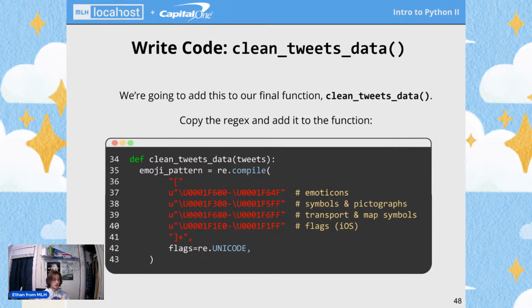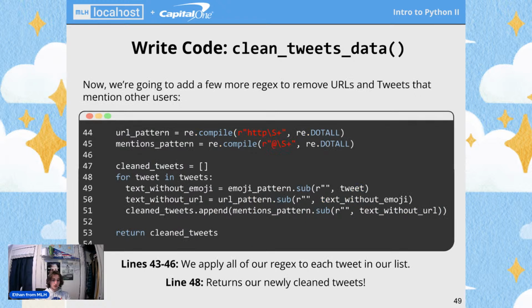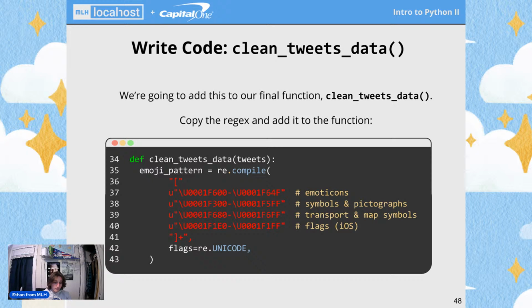So now we're going to want to add some code to our clean tweets data function. But first, we're going to need to define different things for the emoticons, symbols and pictographs, map symbols, and flags and whatnot, because that's kind of like a special character name that we need to account for.